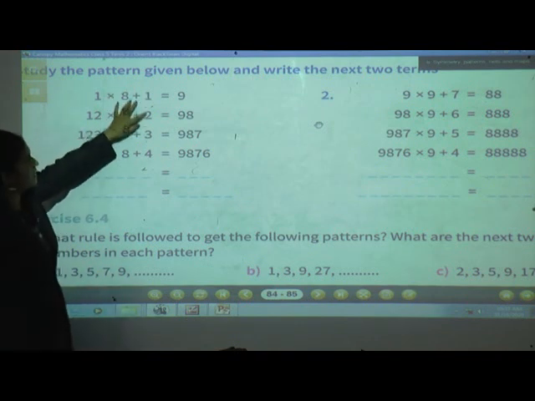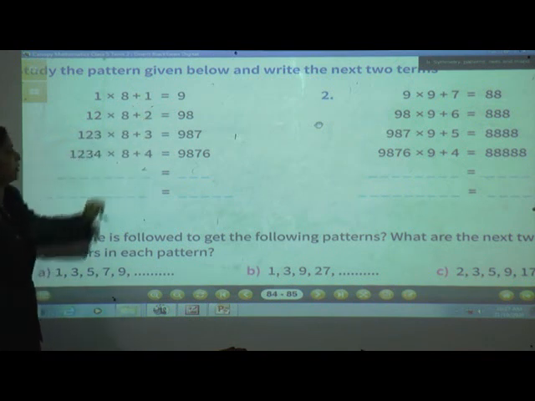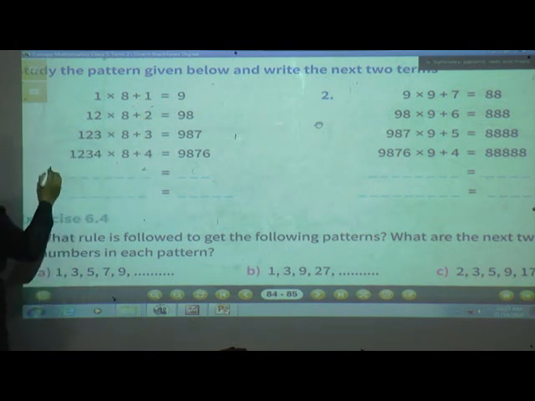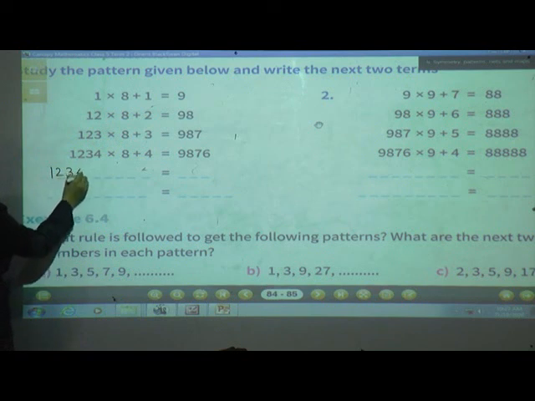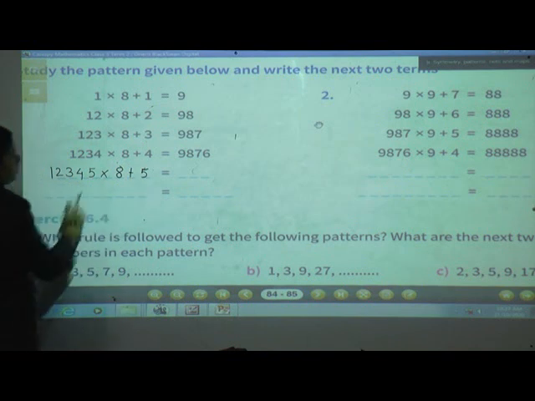Here also they have increased one number, that means 1, 2, 3, 4. That means what will come here? See, 5, because they have increased the number here. So that's why here it will come 5 and 8 as it is. Even here it will come 5.